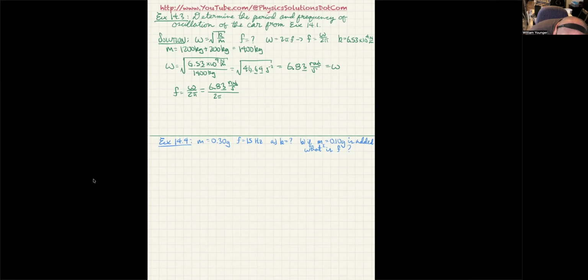And remember, that's technically radians per cycle. So, in other words, by dividing by 2 pi, you're actually dividing by 2 pi radians per cycle. So it ended up giving you cycles per second instead of just reciprocal seconds. So if I take this 6.83 and divide it by 2 times 3.14159, way more digits than we needed, the main thing is I get 1.09.